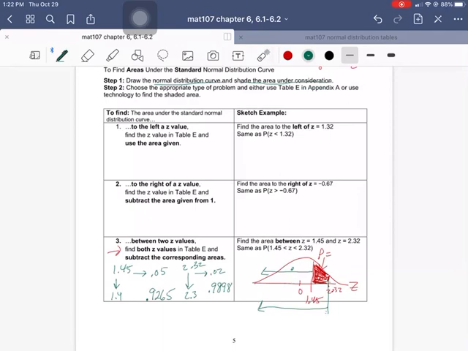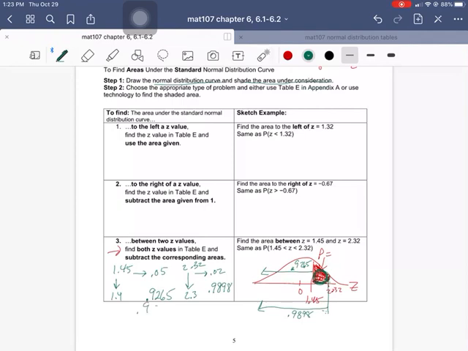Remember, that one's pretty far over here, so if this was all the way to the right, I'd have that much. And if this was all the way to the left, this would be 0.9265. But I want to get this area here.